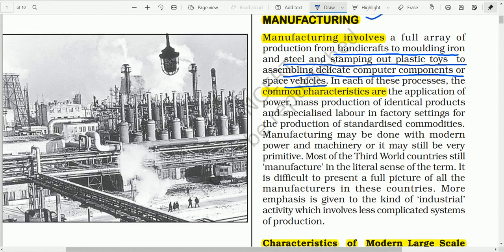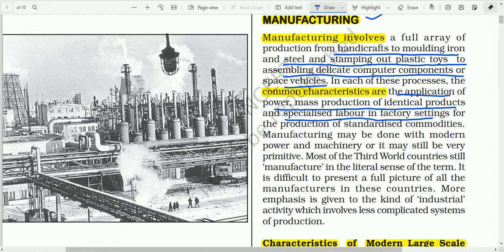In each of these processes, common characteristics are application of power, mass production of identical products, and specialized labor in factory settings for the production of standardized commodities. Whether manufacturing is done by hand, by small machine or by big one, the common characteristic is the application of power.